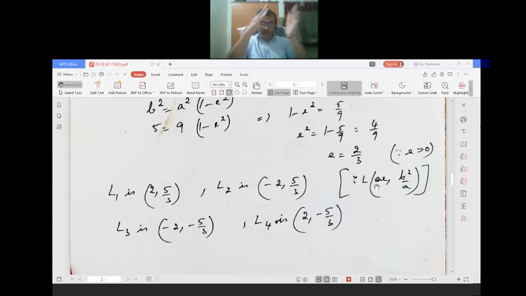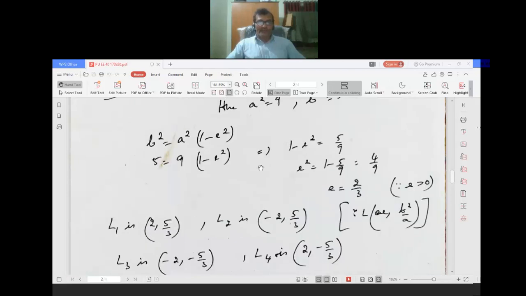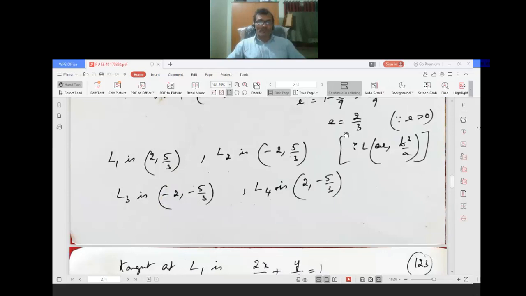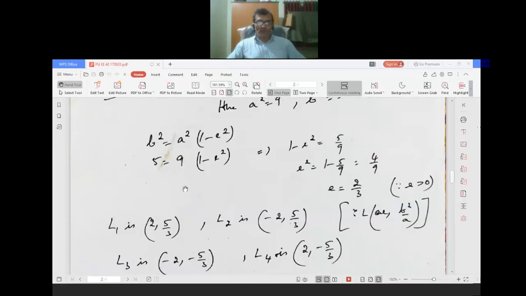Here a is 3 and e is 2 by 3, so multiplying, you get 2, comma b squared by a, so b squared is 5 and a is 3. So L1 is 2 comma 5 by 3, then minus 2 comma 5 by 3, then minus 2 comma minus 5 by 3, and 2 comma minus 5 by 3.